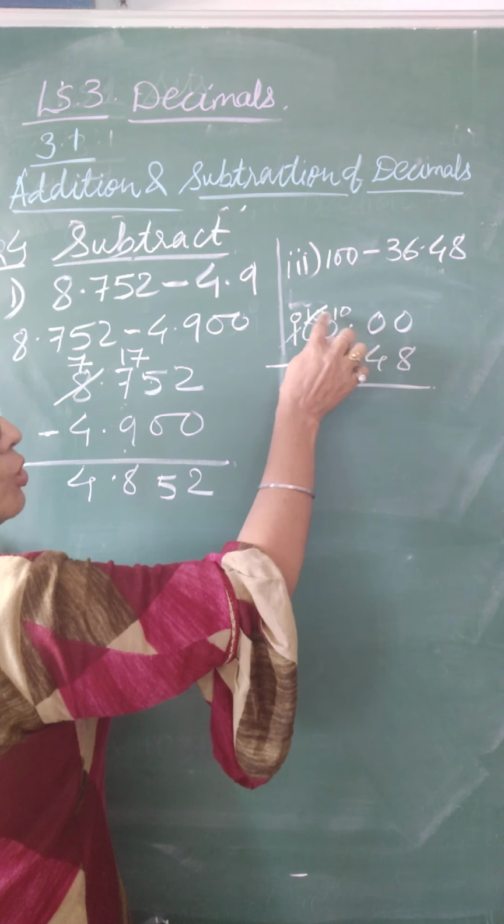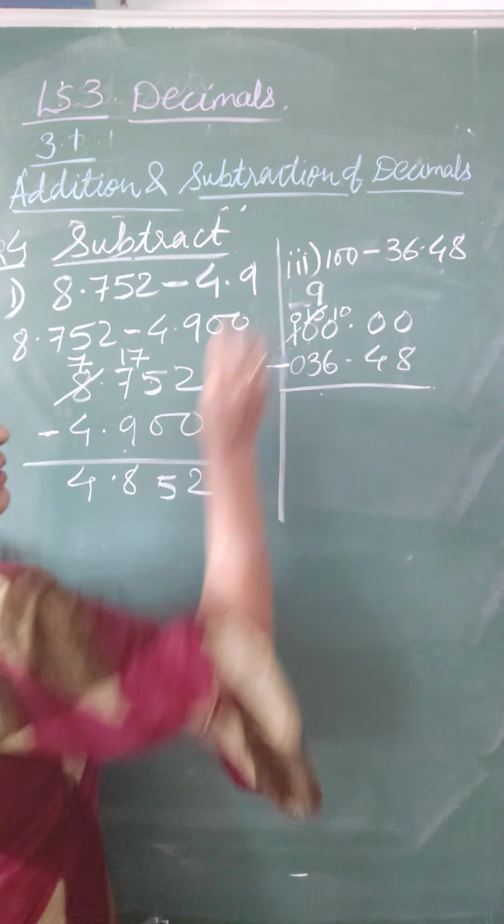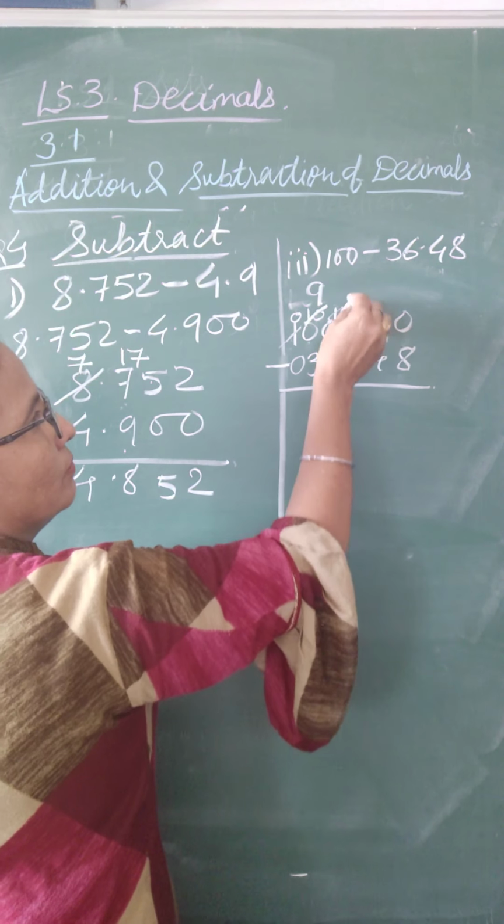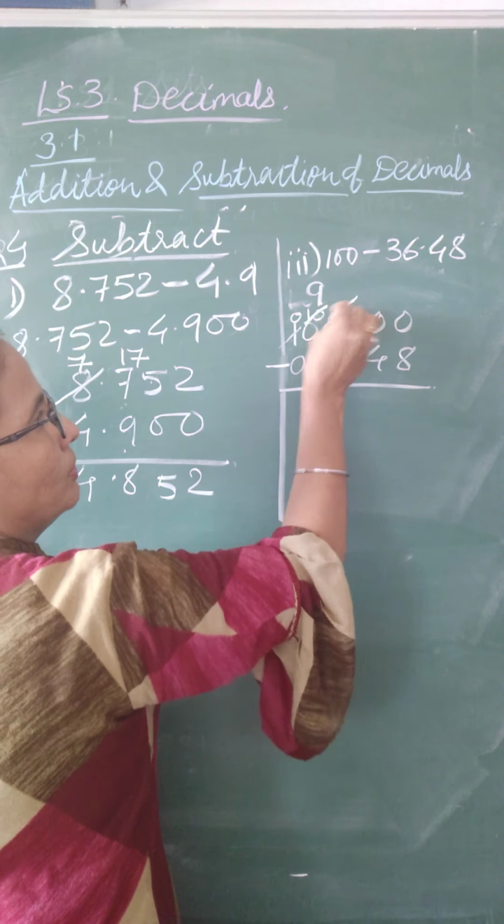So 1 borrowed from 10. What is left here? 9. In the same way, here borrow 1 from 10 for this place, and what is left here? 9. Borrow 1 for this place, and what is left here? 9. In this way you will borrow. You will not jump from this place to here directly. Okay? Go step by step and simplify.